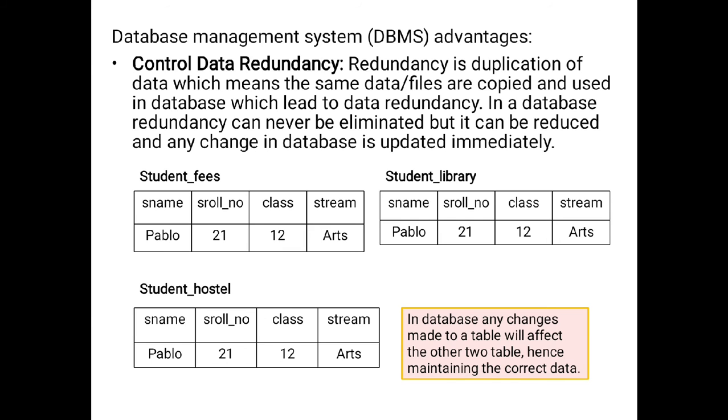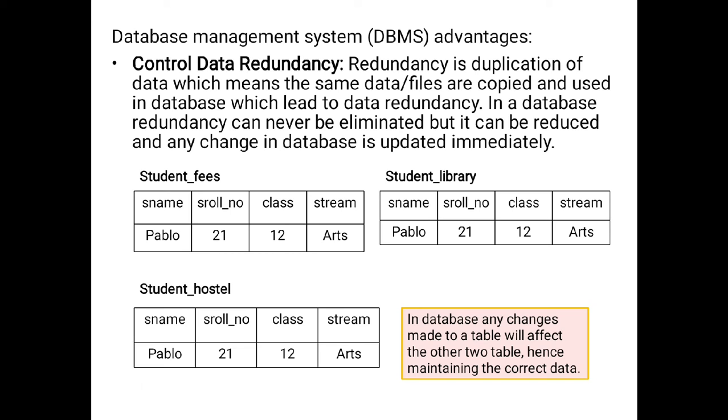But that data redundancy cannot be eliminated, because if you remove the student name from the student library and the student hostel, and just keep the student name in the student fees table, then the tables for the student library and the student hostel are incomplete. For library management and hostel management, the student name is required.